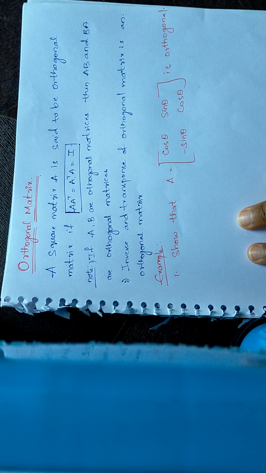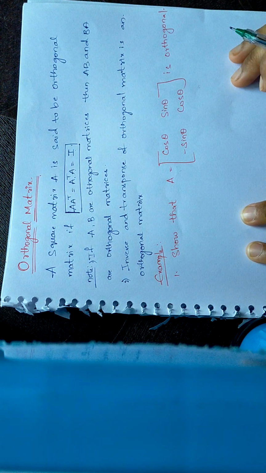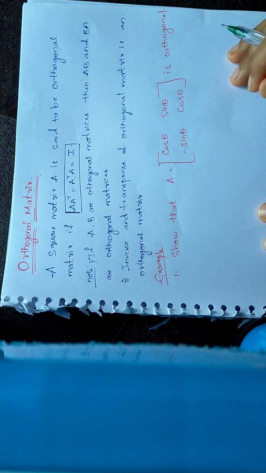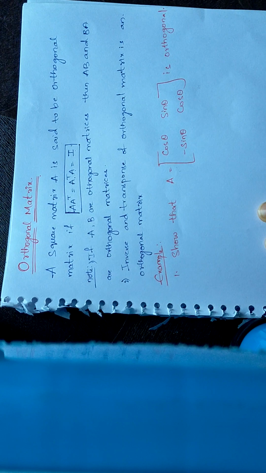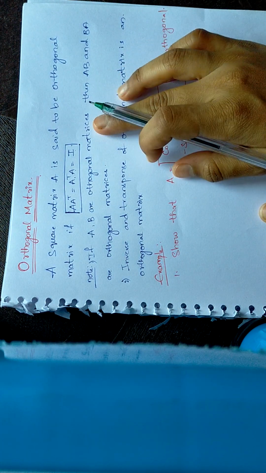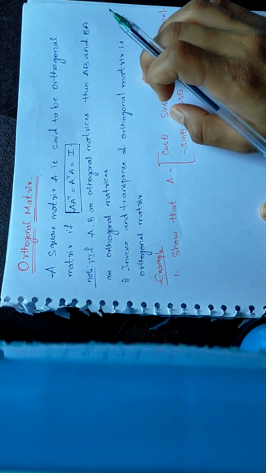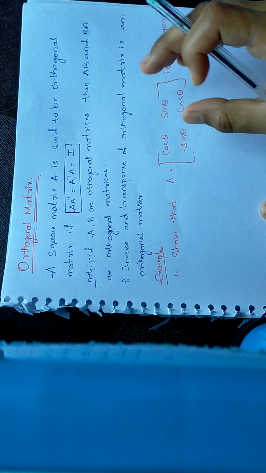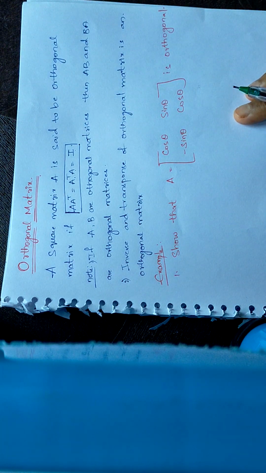If you don't know about the identity matrix, I recommend you go watch that video and then listen to this orthogonal matrix video again. You have to know the identity matrix first to check the condition. Identity matrix means all the diagonal elements should be 1 and the remaining elements should be 0. I have explained it in short; you can go and watch that video for the example also.